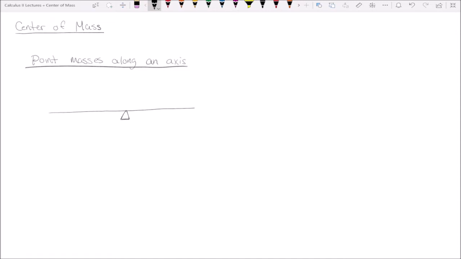Then let's put an object of mass, call it M1, on one side, and an object of mass M2 on the other.